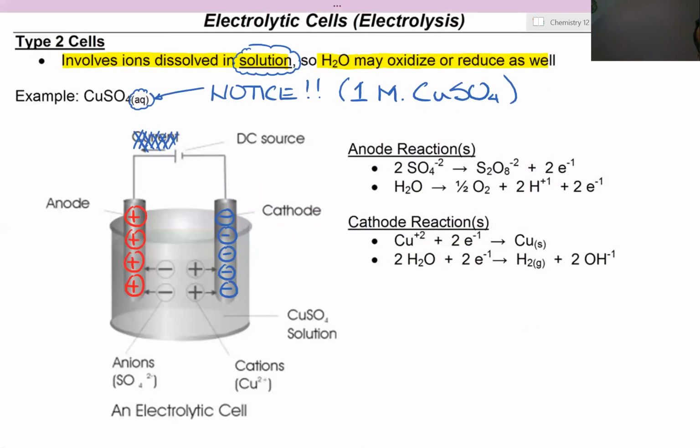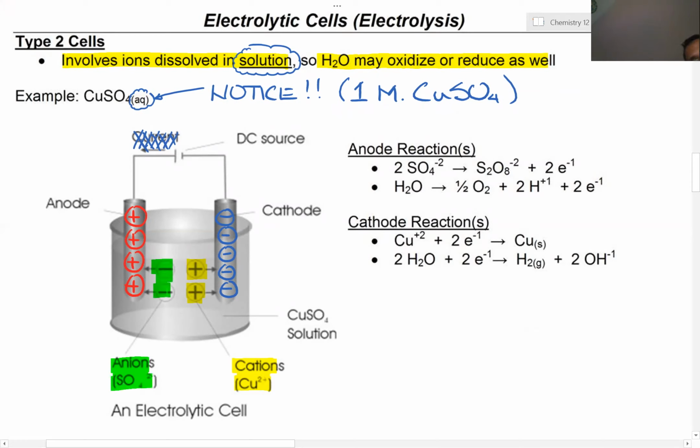Here, you have the positive ions, which represent copper, moving over to the negatively charged cathode. And you have the anions, which are the negative ions, moving to the positive anode.